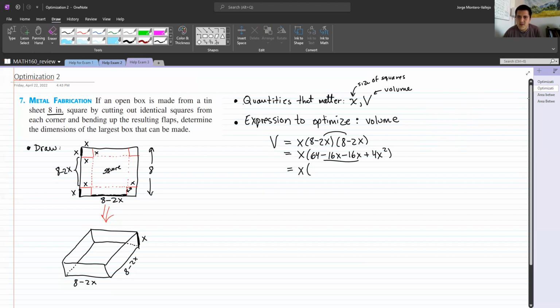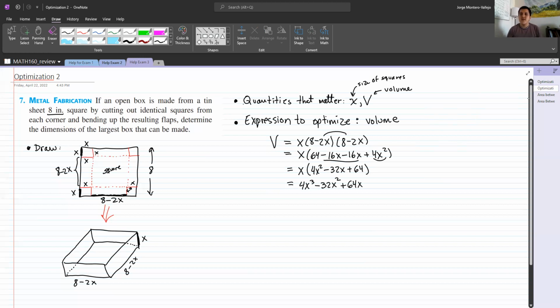Let's rearrange this and put x squared in the front. Minus 16x and minus 16x, that's minus 32x. And then we have the plus 64. Okay, then we can multiply the x in. We get 4x cubed minus 32x squared, and then plus 64x.